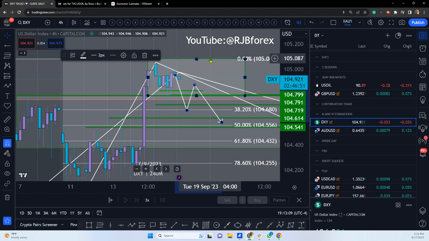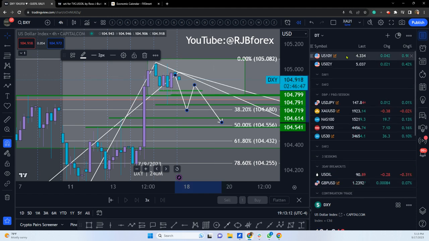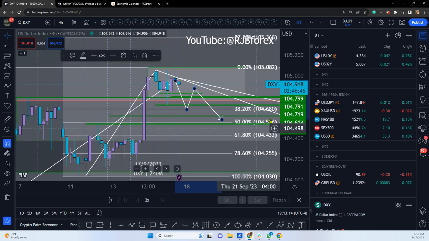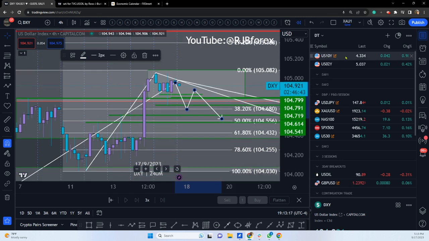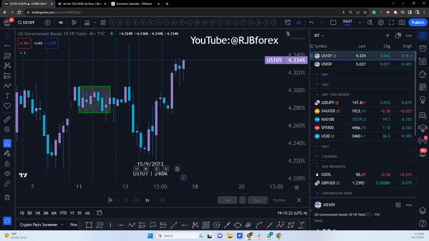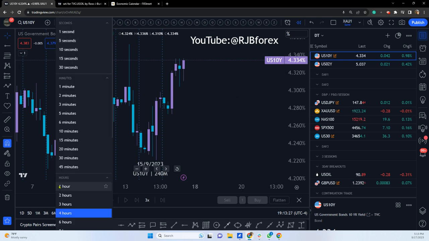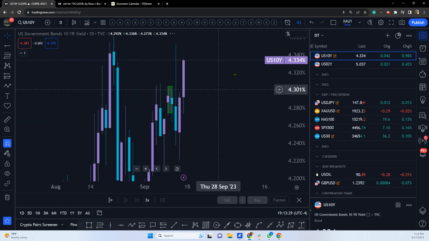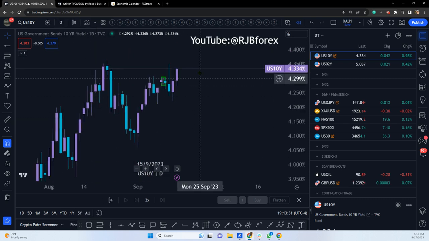Right, so I don't think we need to go any deeper than that with the dollar. We're looking for a downside continuation or a downside correction for the day ahead. Same scenario with yields. So on the daily chart, up in resistance on the 10-year.